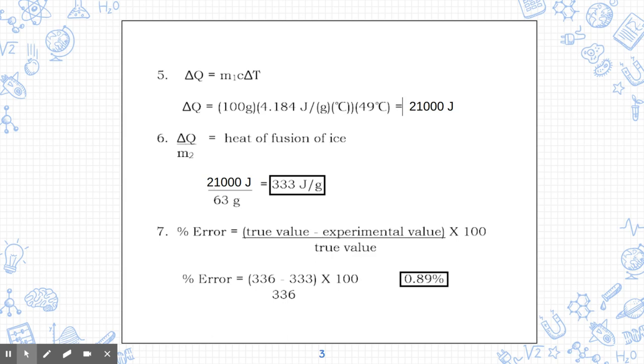Remember, you can have a negative percent error, and the smaller your percent error, the more accurate you were with your lab in taking your measurements, and you had really good lab techniques. If you had a larger percent error, at the beginning of the video I described some ways that could have caused some percent error.